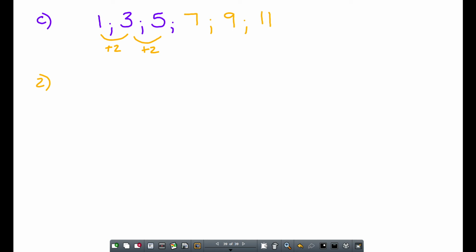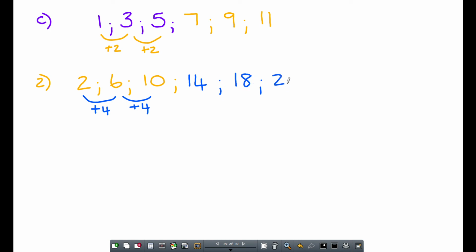So at term 1, how many discs? 2. At term 2, how many discs? 6. At term 3, how many discs? 10. Okay. So already I can see that it is add 4, add 4. So now they're asking me to give term 4, 5, and 6. So that's going to be 14, 18, and 22. You guys fine with that?